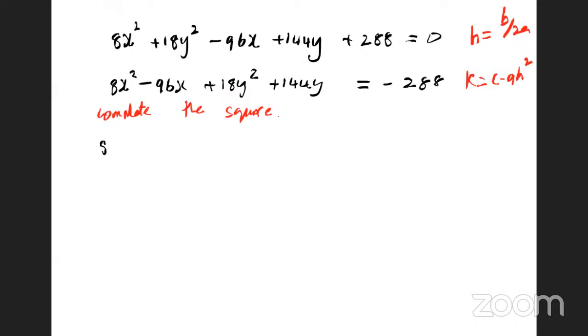I'll factor out 8 here. I'll get x squared minus 12x. And here I'll factor out the 18, and I will get y squared plus... what's 18 into 144? 8.